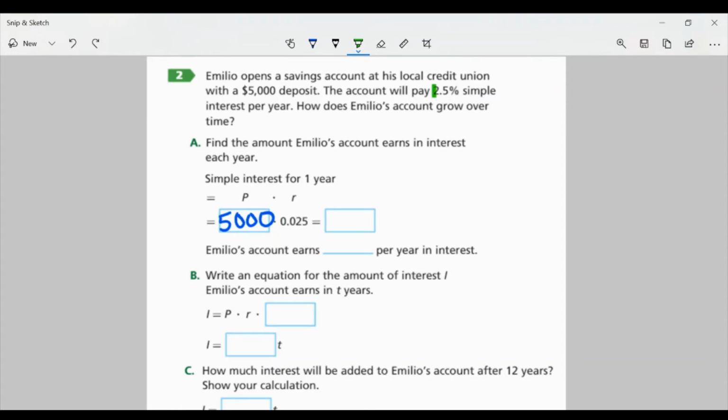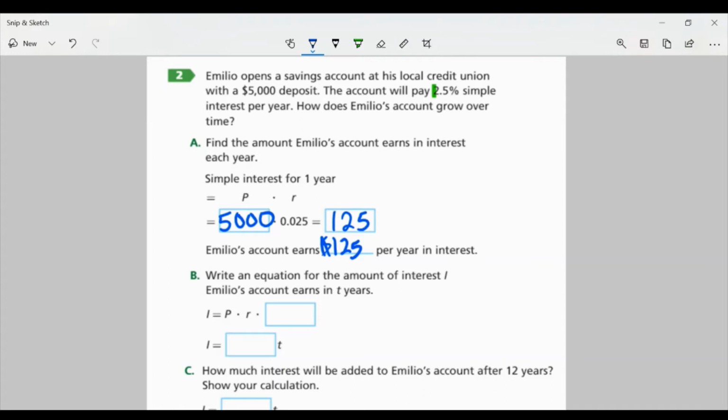Okay? So that's what that is. Now, when I multiply these out, 5,000 times 0.025, I get 125. So that means Emilio's account earns $125 per year in interest.